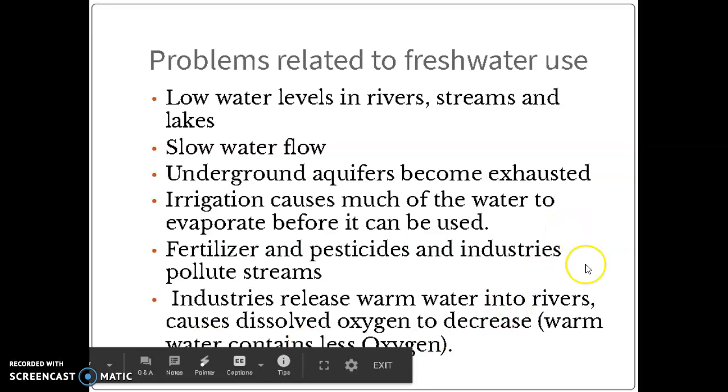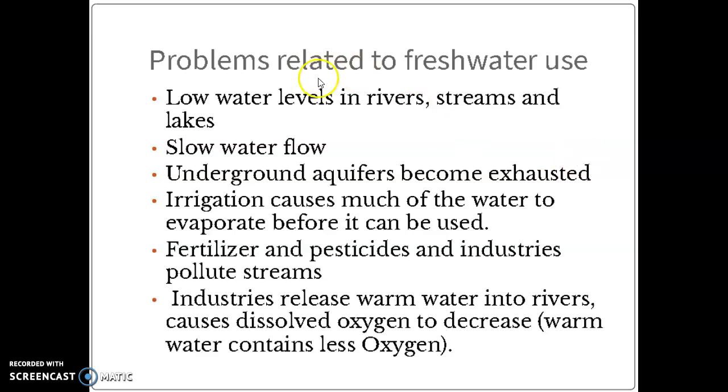Some of our problems because of how we use our fresh water are low water levels in the rivers and streams and lakes. It slows down the water flow because there's not as much water there. Our underground aquifers, a water storage area that's naturally underground, get exhausted and dried up. Because of irrigation, a lot of water is evaporated before it actually gets used.